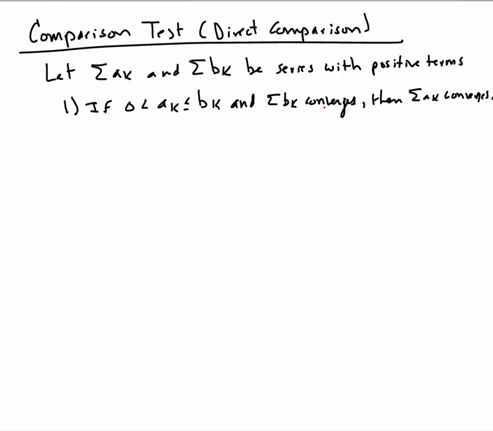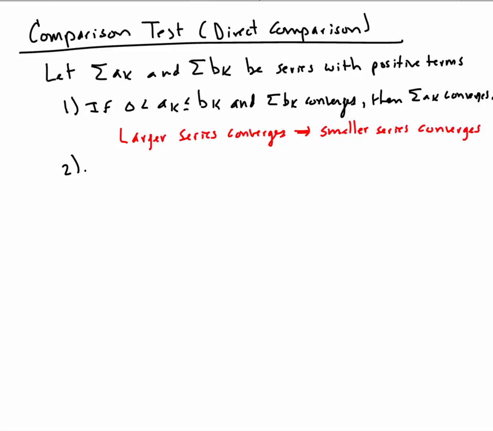So what we get here is the larger series converges. And so it totally makes sense if the larger series converges that anything less than that would converge as well. So the larger series converges implies that the smaller series converges. So that's how I remember these, is in terms of larger and smaller.